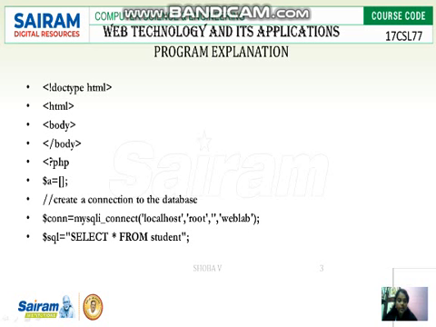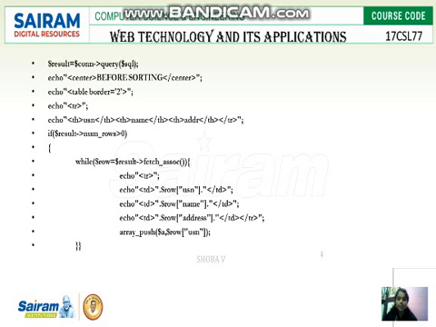The same web lab has to be used in the server PHP my admin. I'm going to fetch all the student details by giving select star from student, and next I'm going to connect my query through SQL, storing it in a dollar result.